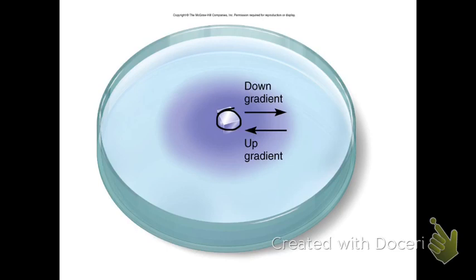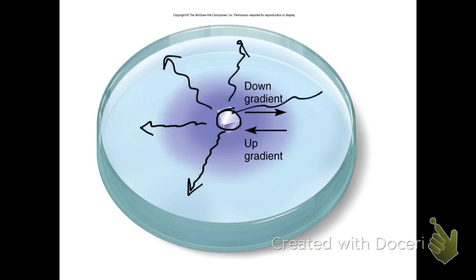Initially, there's just going to be a glob of that dye in the very center, and then over time, we're going to see that molecule move toward the areas of lower concentration until an hour from now, or maybe only 5 minutes from now, you would come back and see that the dye had distributed evenly throughout the entire petri dish.